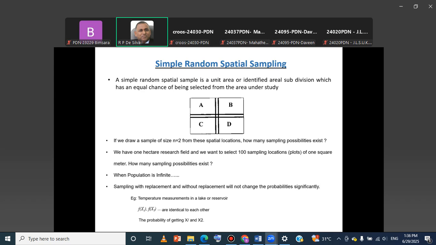For the number of samples, we use factorial combination. Anybody who remembers the equation?